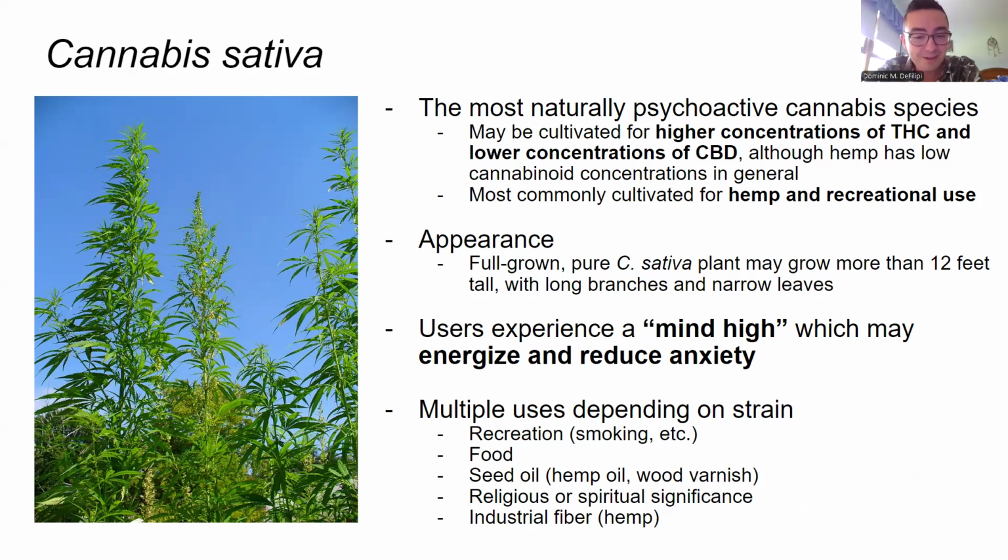Religious or spiritual significance, that's when we talk about our good friend Bob Marley and Rastafarianism down in Jamaica. It's very interesting because it's one of the reasons why I think the US government really doesn't federally want to step into regulating the cannabis trade all that much. They want to leave it more up to the states. Why?